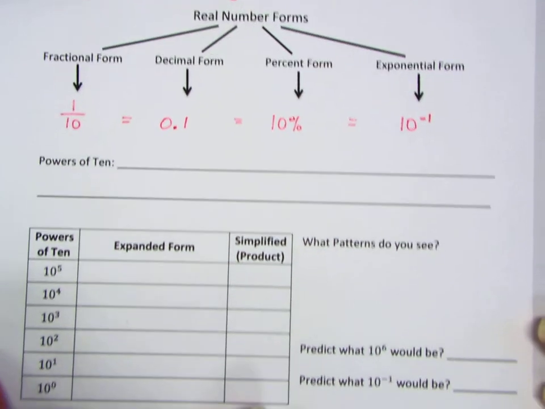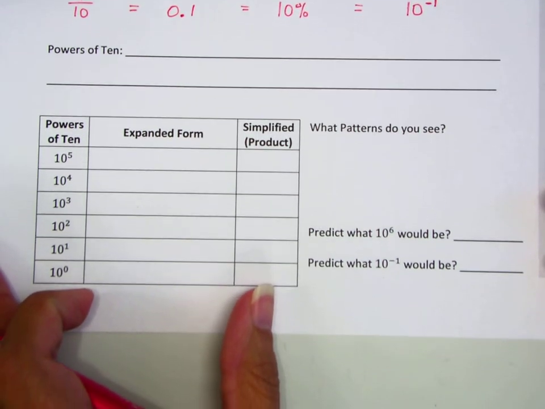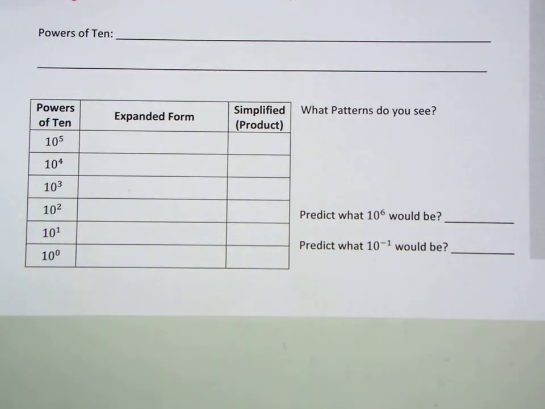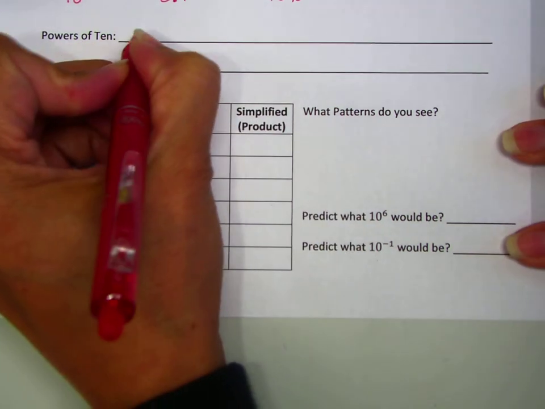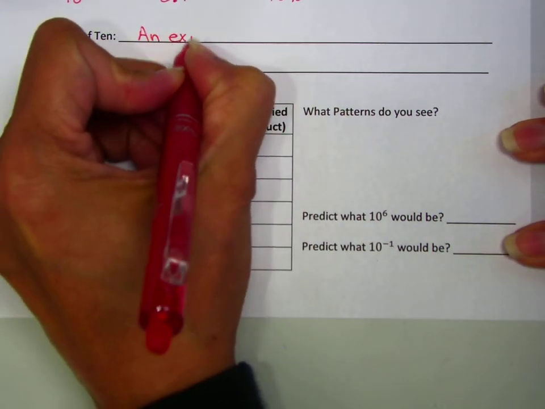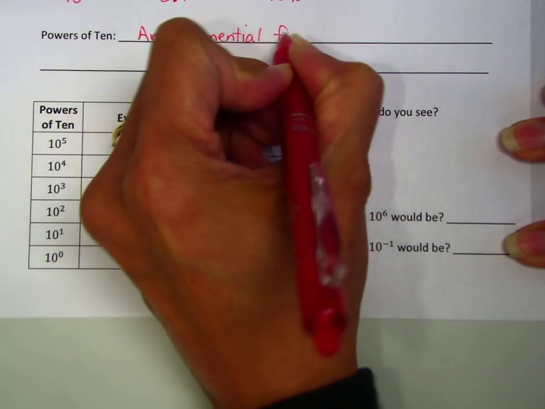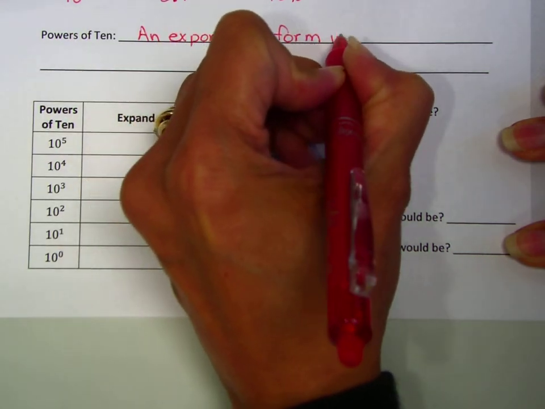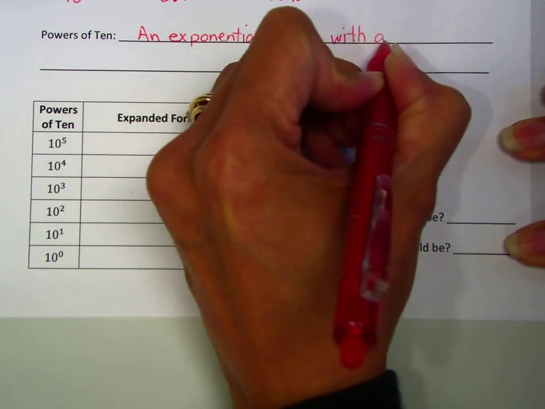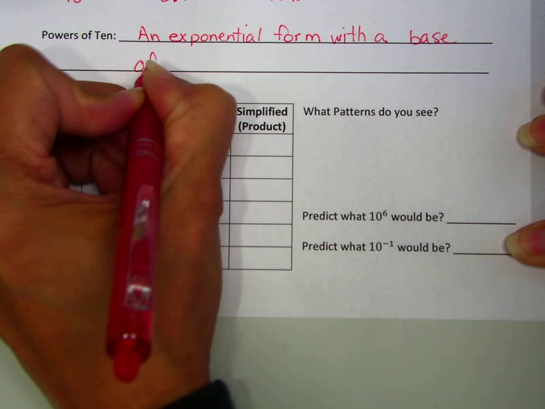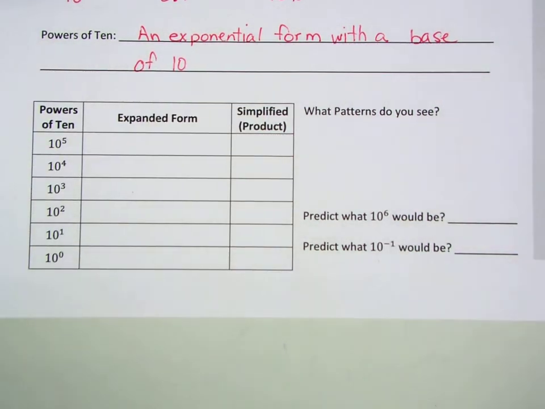So let's talk specifically about powers of 10. That is another vocabulary word, and it is an exponential form with a base of 10.